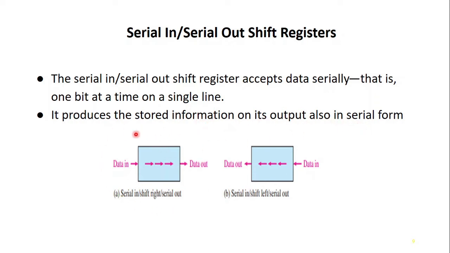The figure shows a serial in, serial out shift register which shifts the data bits in the right direction, that is shift right. And this figure shows the serial in, serial out shift register which shifts to the left, a shift left register.